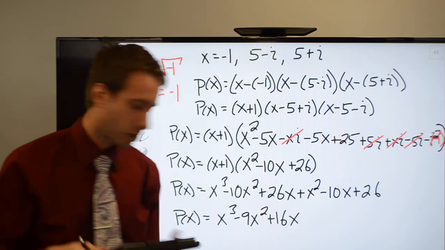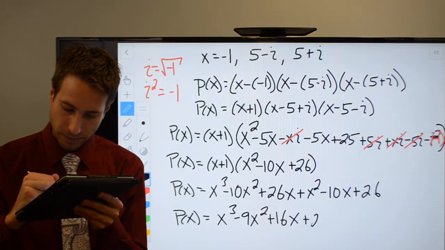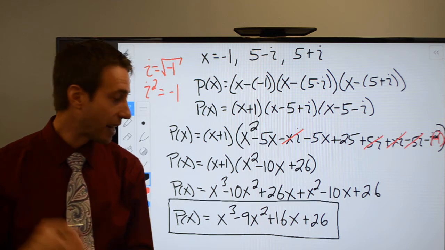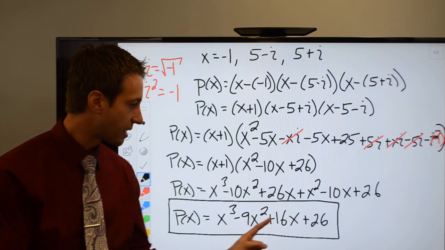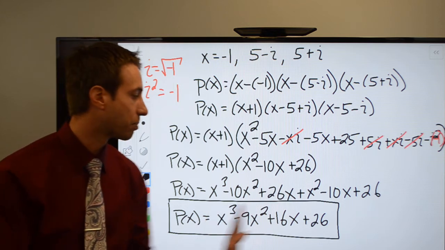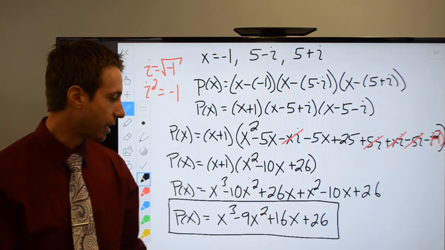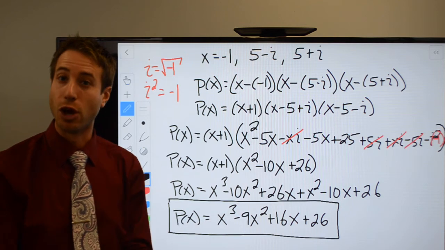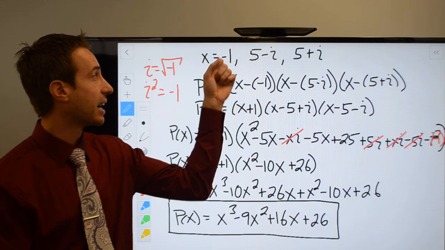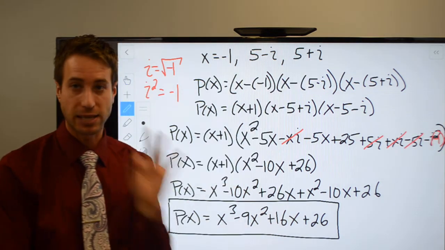And then plus 26. All of my coefficients are integers: 1, minus 9, 16, 26. I don't have any fractions, so I don't have to worry about multiplying this polynomial by a denominator. That is your polynomial of lowest degree, third degree, because I had 3 zeros: negative 1, 5 minus i, and 5 plus i.